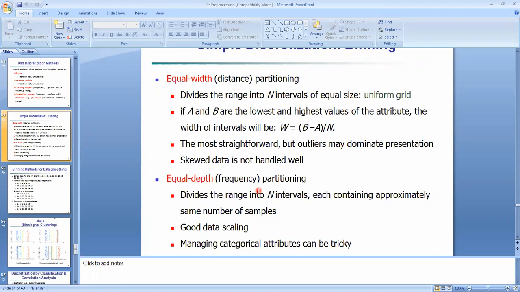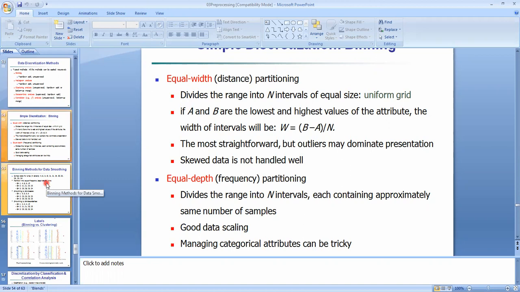It has good data scaling. It is also used for managing categorical attributes, and that can be tricky. This is the simple method.